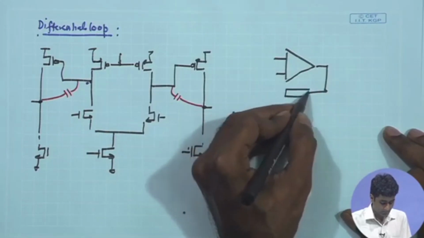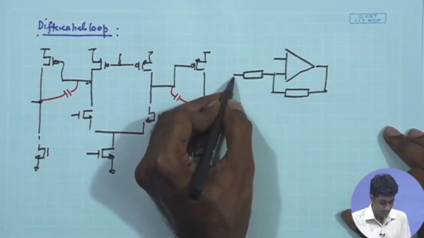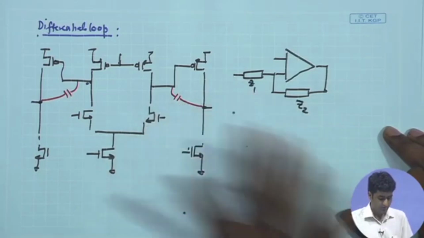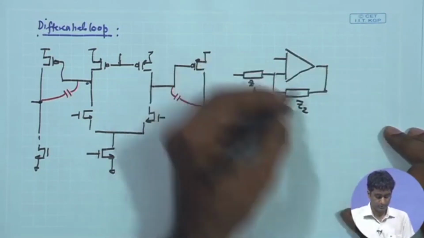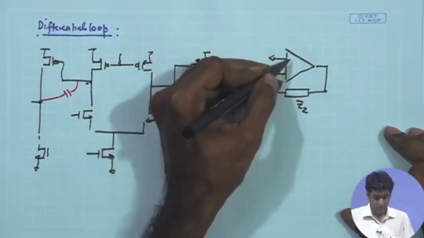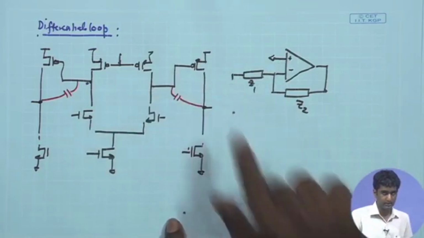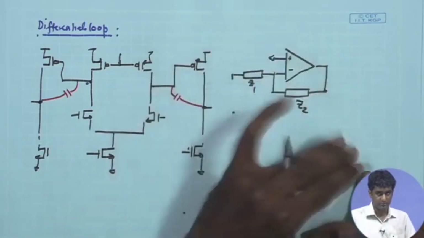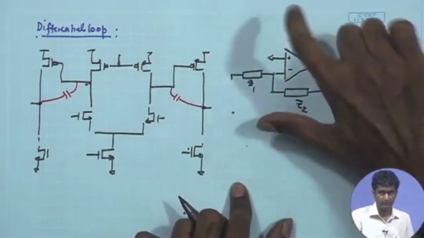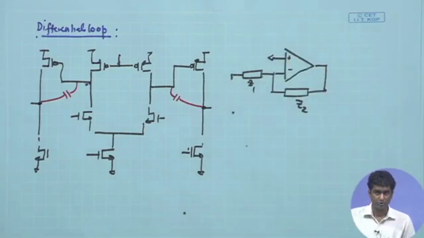So, assume that you have the feedback elements over here, Z1, Z2, and the ratio of Z2 and Z1 gives you the gain, and you are having the DC potential over here set to AC ground. So, this is the scheme, and you are having the input signal applied over here. This is a single ended version. Of course, for the fully differential version, you can draw the other path also. You have the plus minus outputs coming in, and you have the Z2 Z1 feedback from the other side also.